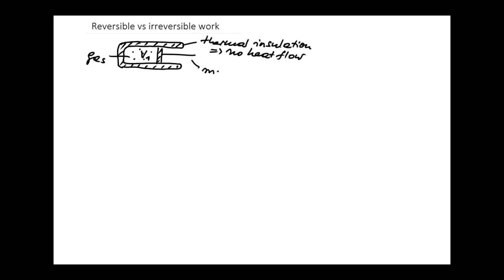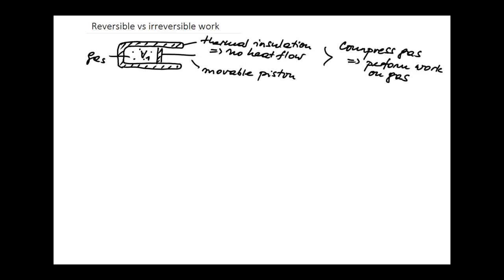This is our movable piston, and we can use it to compress the gas; in order to do that, we have to perform work on the gas. Of course, there's also no possibility for the gas to exchange particles with the outside world, so the walls around the cylinder not only impede heat flow, but also impede exchange of particles. And so the number of particles is strictly conserved.